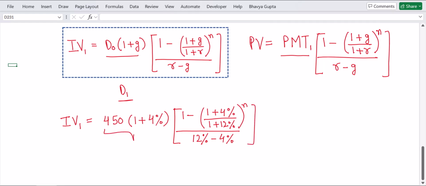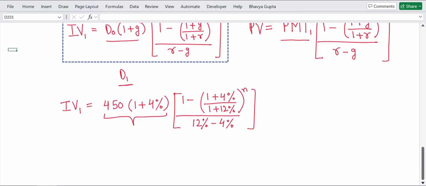Now, if the question stated D1 directly, then we would have used that. But since here we have the dividend today and the growth rate, we will use D0 into 1 plus G. So let's solve for this.